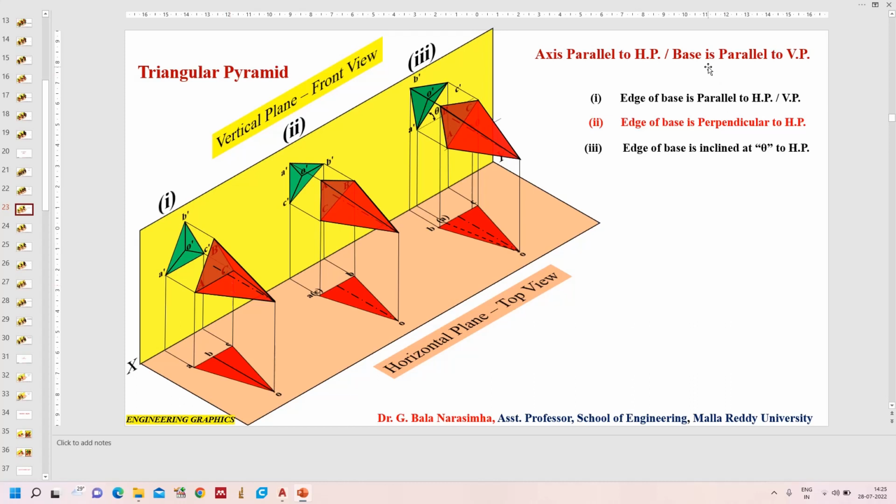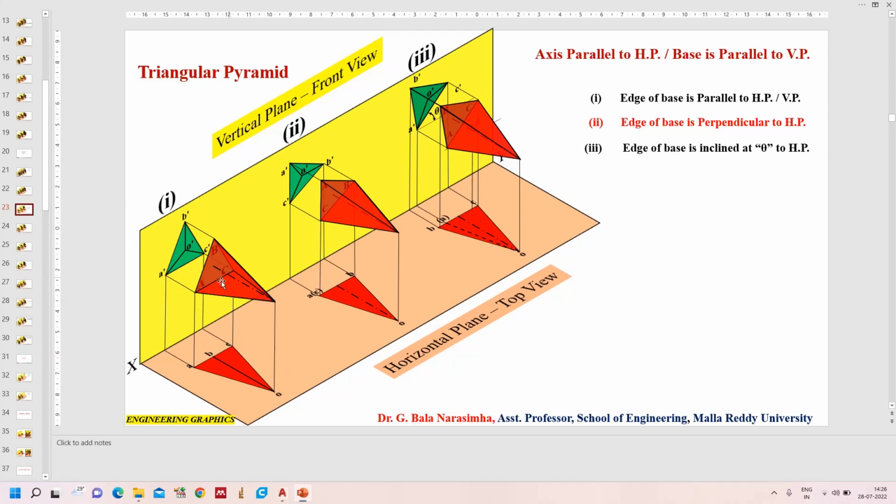Also you can say that the base of the pyramid is parallel to the vertical plane. So one condition you can see in many ways. The axis is parallel to HP and perpendicular to the vertical plane, or the base of the pyramid is parallel to the vertical plane. Now according to the first condition, the edge AC is parallel to both the planes.